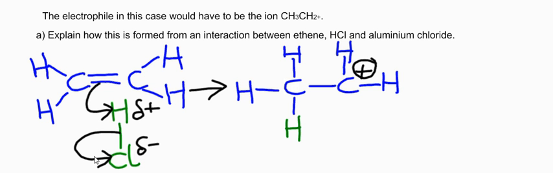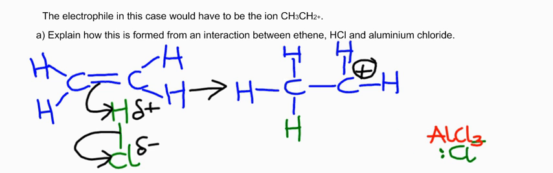The key question is, of course, we also get this chloride ion, which normally would form a bond to make chloroethane. But what we've got here, key thing, is aluminium chloride. Since this is in the presence of aluminium chloride, rather than the chloride ion forming a bond with our carbocation, it's going to go across and form a bond with our aluminium.